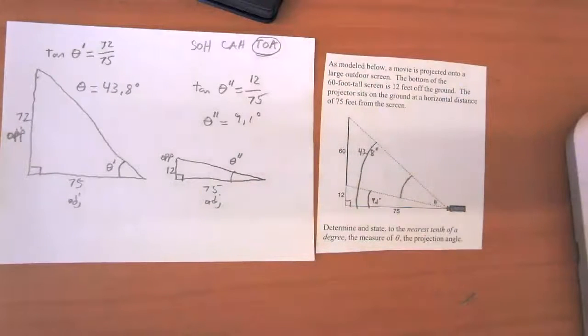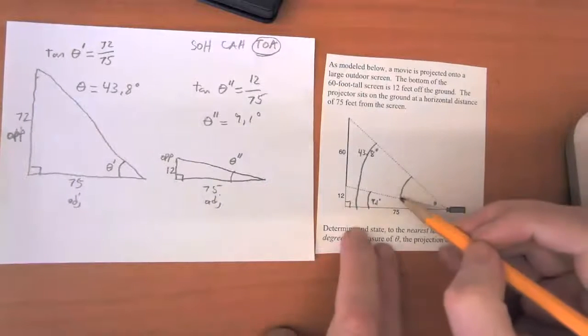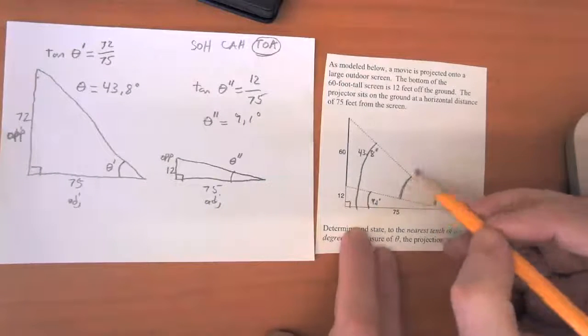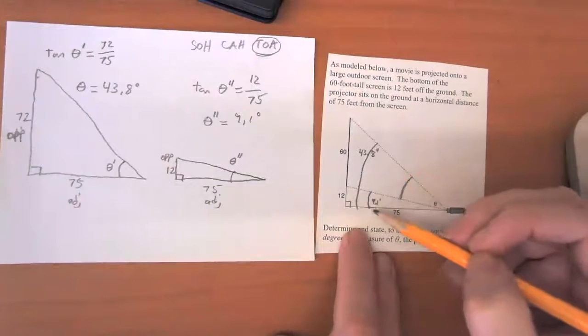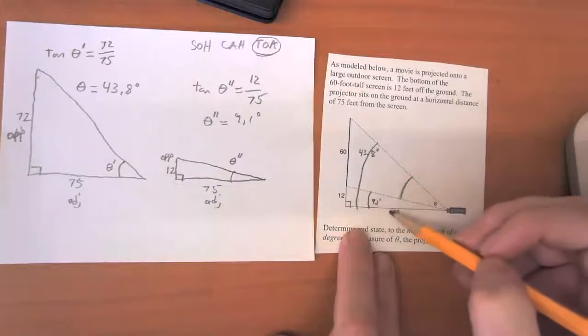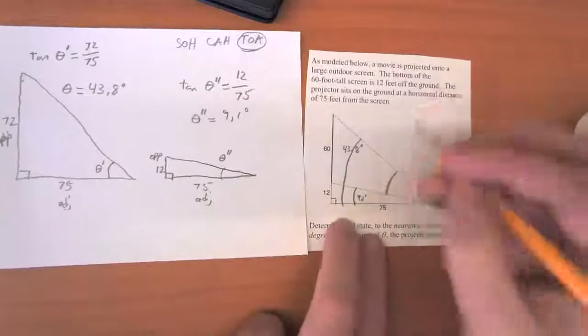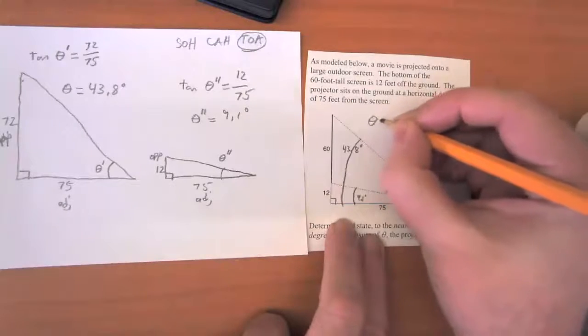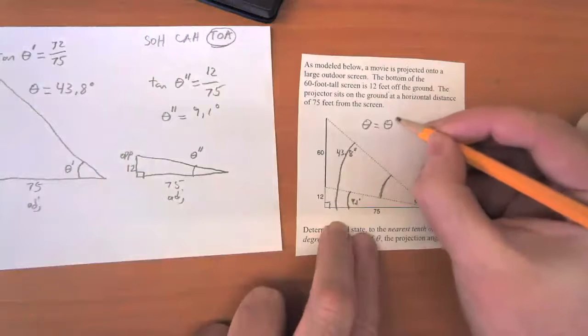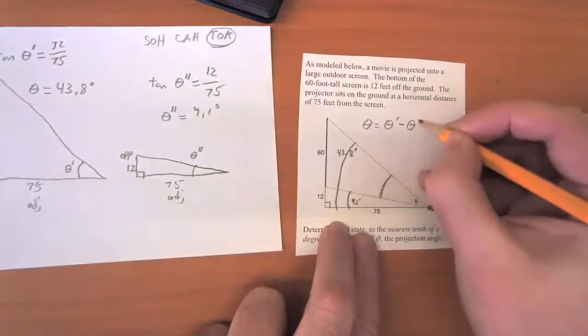So did those facts help me answer the question that they're asking here? Yeah, it does, because this angle that they're looking for here is the difference between these two angles. This is the part of the entire angle that's not taken up by this bottom part. So theta is just equal to theta prime minus theta double prime.